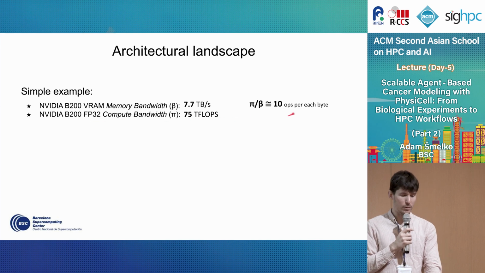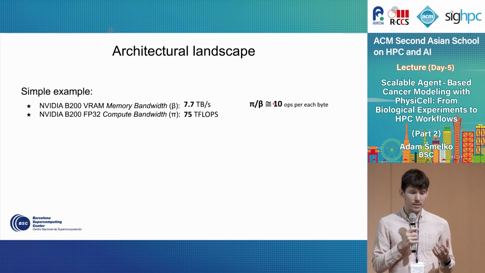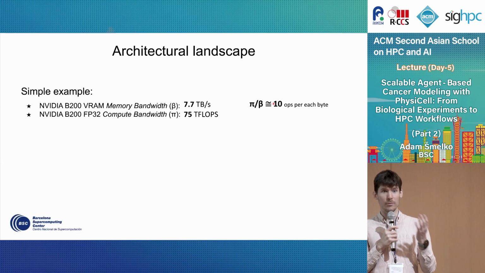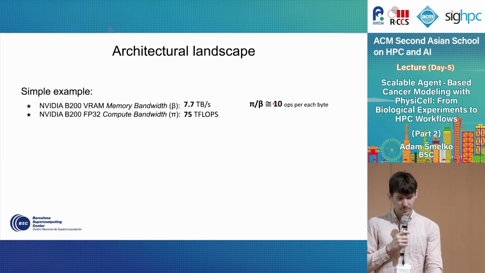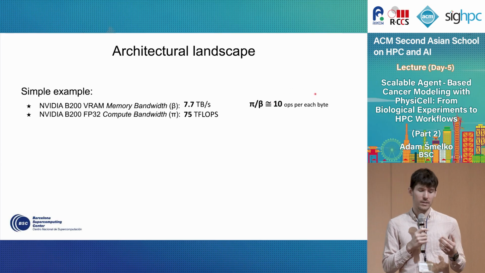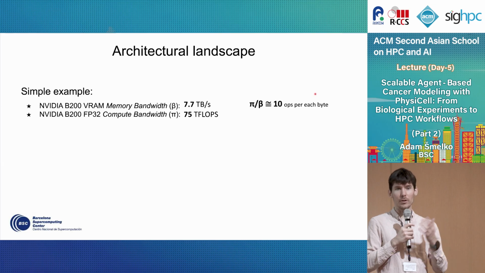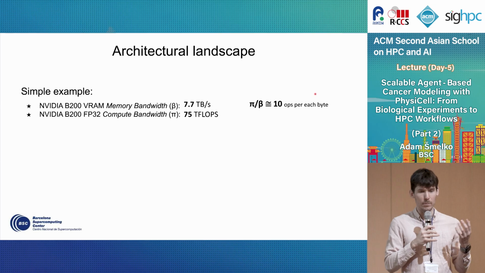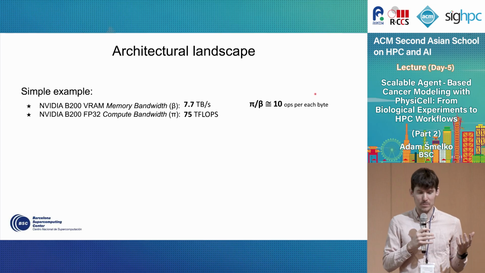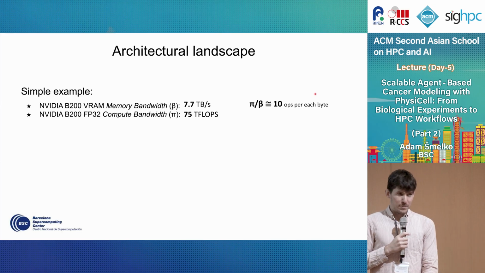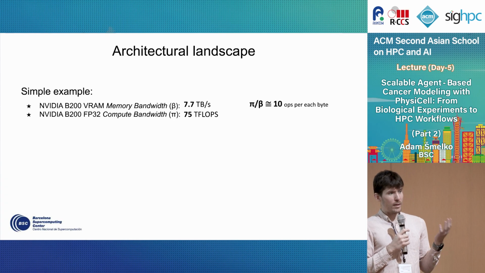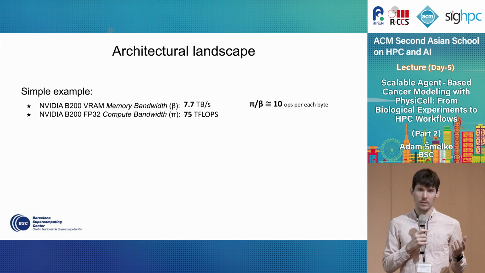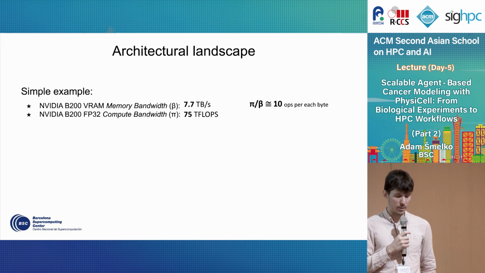So we need to multiply this by 4: 10 operations per byte, but 40 operations per floating point number. Now we are getting quite crazy numbers, right? Each number needs to be in 40 different operations for you to utilize the device, the GPU or CPU, as much as possible. This is why typically your workflow will be memory bottlenecked more often than compute bottlenecked.